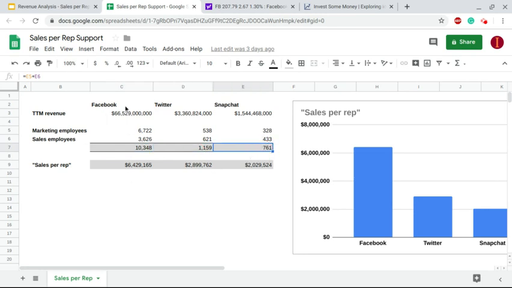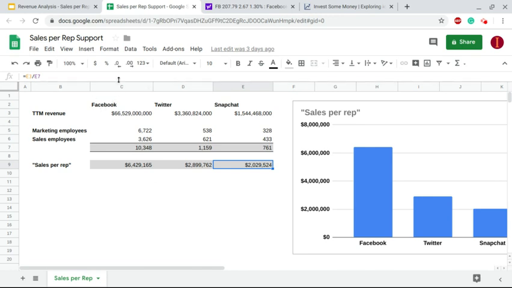As you can see, Facebook has considerably more revenue, and also has considerably more employees in each of those departments. I probably could have figured at first glance, without making this calculation of sales per rep, that Facebook's probably higher, but what I didn't realize is that it's over twice as much as Twitter, and 3 times as much as Snapchat.